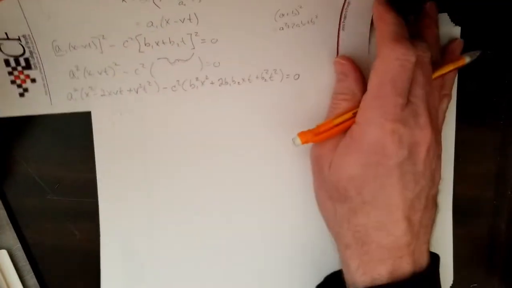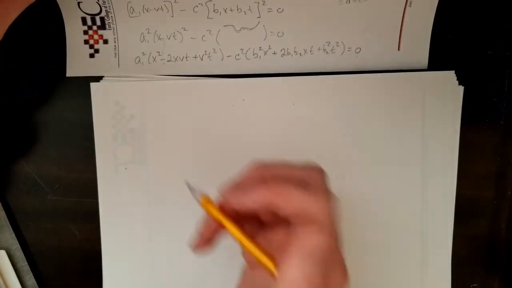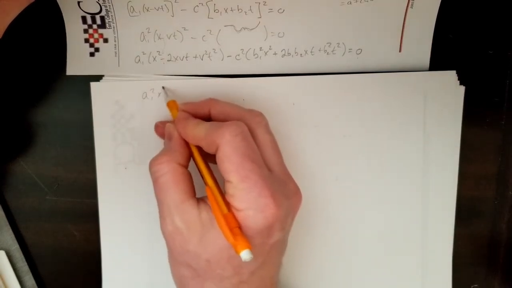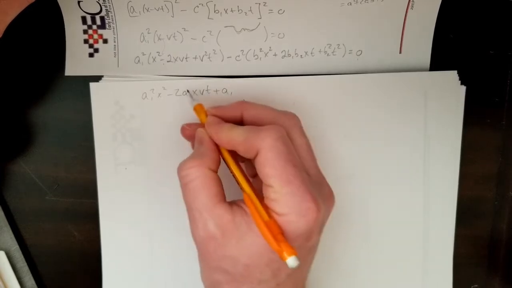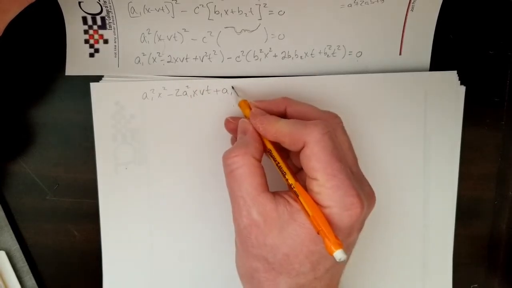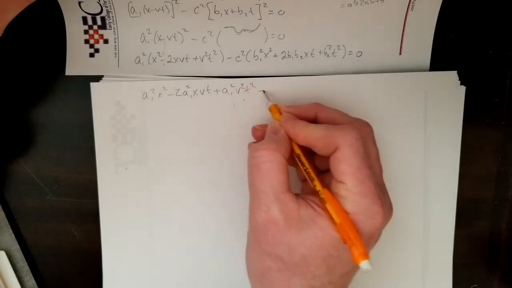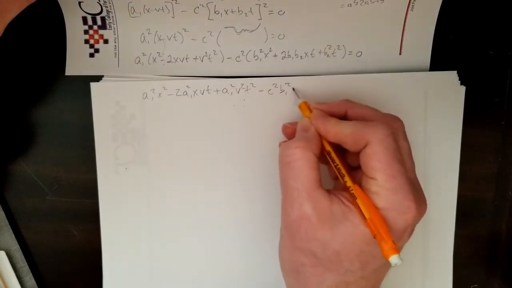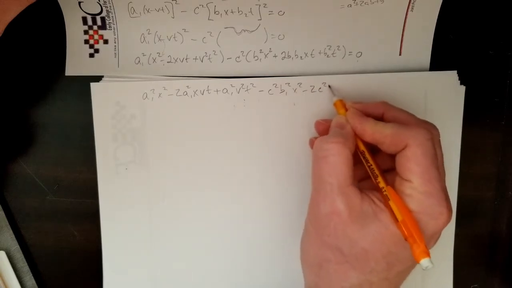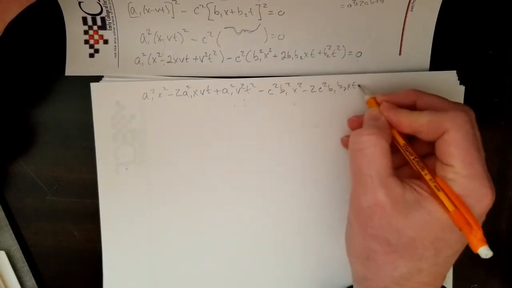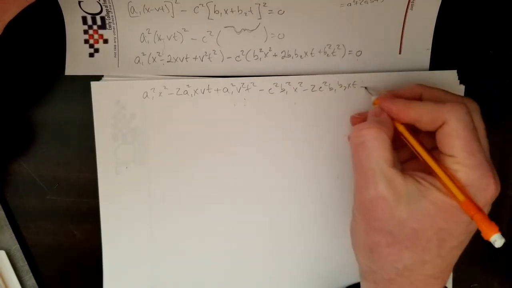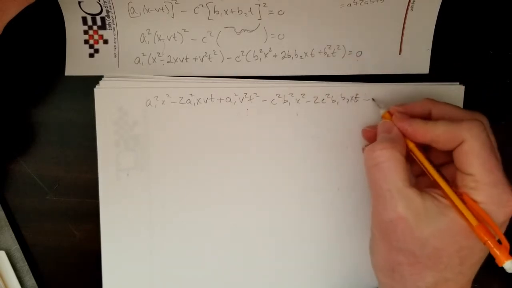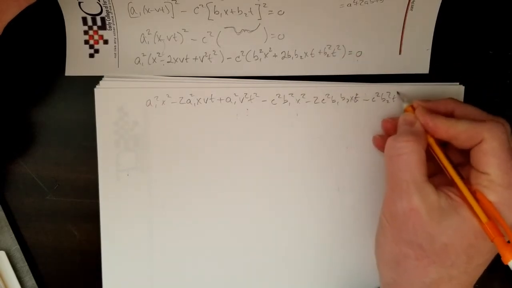Sorry, if I distribute, I get a1 squared x squared minus 2a1 squared xvt plus a1 squared v squared t squared minus c squared b1 squared x squared minus 2c squared b1 b2 xt minus c squared b2 squared t squared. And that whole thing is equal to 0.